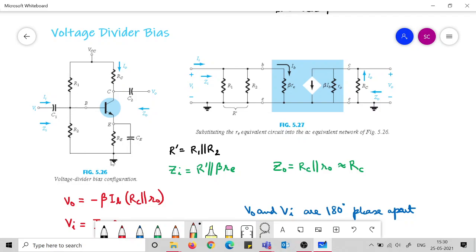R2 is also going to ground, R1 is also going to ground because VCC is now 0. So these two resistances are both going to ground. Done. And this ground point is the point E here, because this C is shorted, so RE is no more here. So this point comes up here, so this is the E point and this is the B point.